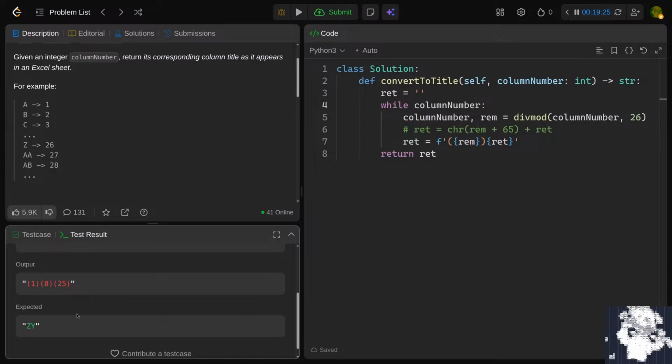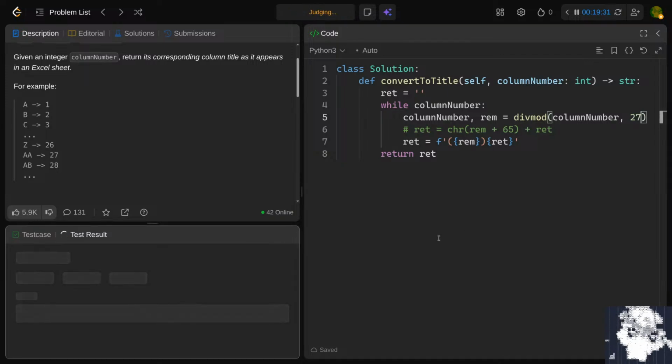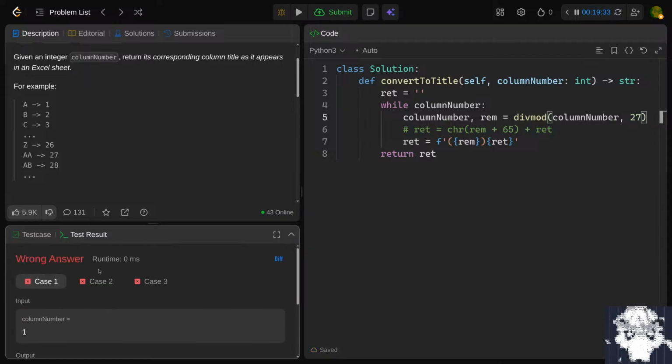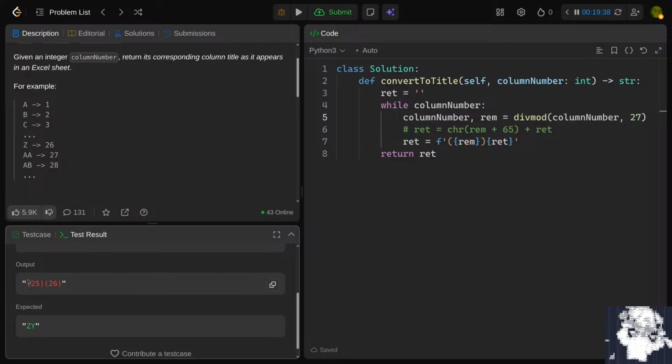And if this is wrong, then I think I'm taking the wrong mod. So 1, 1, 0, 25, 26. But that's not right either, because I'm expecting 26, 25.